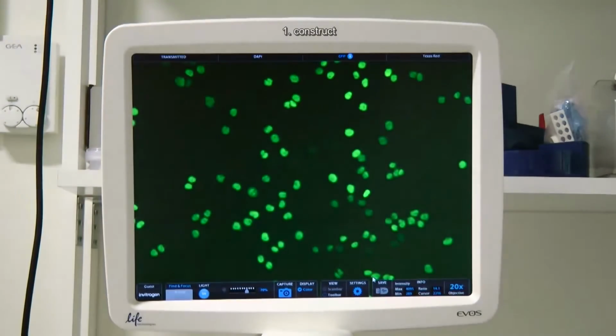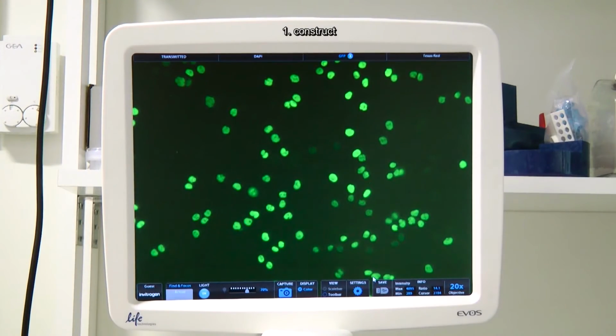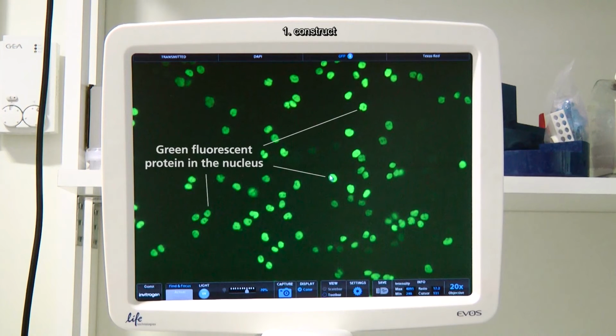And now we can see that the protein that we are interested in is localized very nicely in the nucleus. So this is what you see here. Nice bright green spot means that the protein we are interested in is tagged with the fluorescent protein Ameniagreen and is strictly localized in the nucleus. And every cell now is having the tagged protein.